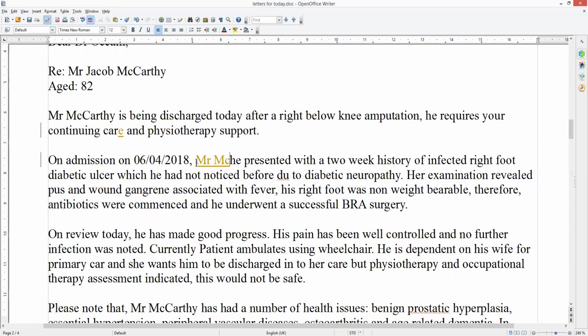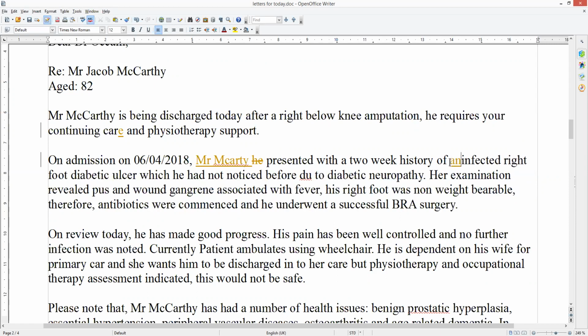I don't know how you spell it. Well, it doesn't matter. Mr. McCarthy, however you spell it, can't be bothered to change it. Presented with a 2-week history of an, because you can count your ulcer, an ulcer, of an infected right foot diabetic ulcer, which he had not noticed before due to diabetic neuropathy.